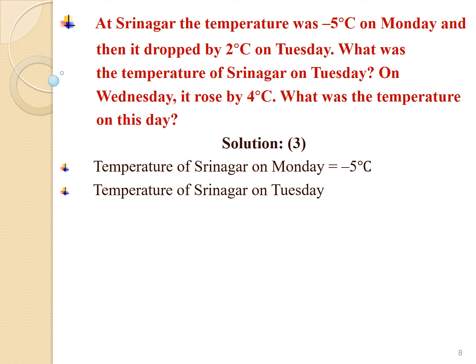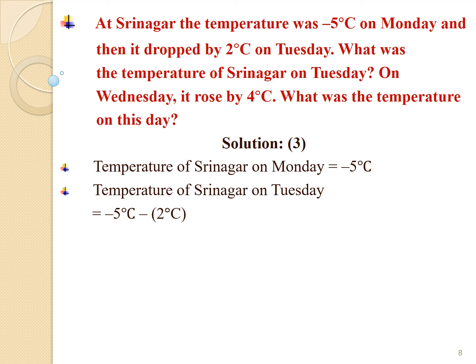Thus, subtracting 2 degrees Celsius from -5 degrees Celsius, we get -5 degrees Celsius minus 2 degrees Celsius.